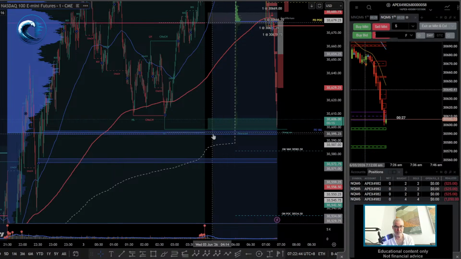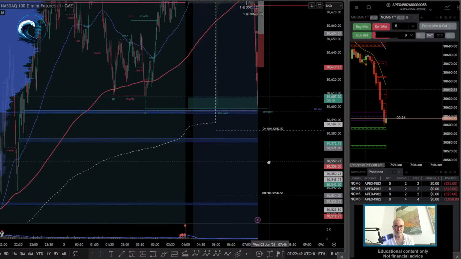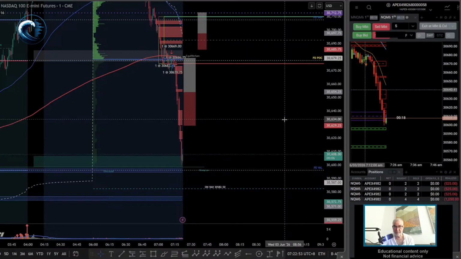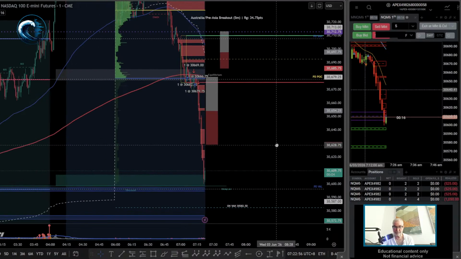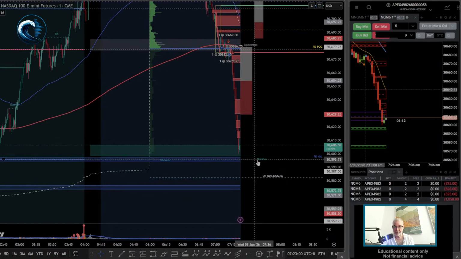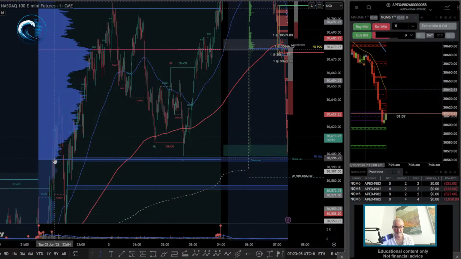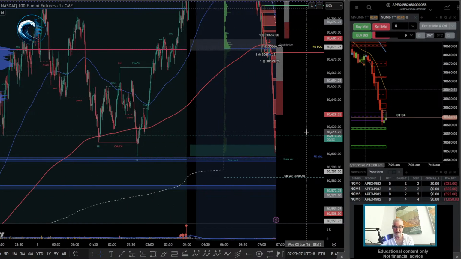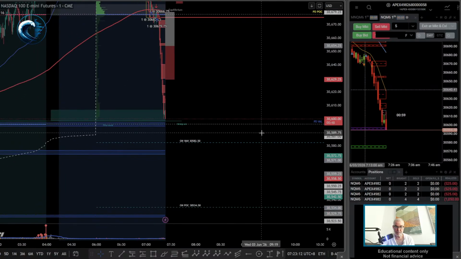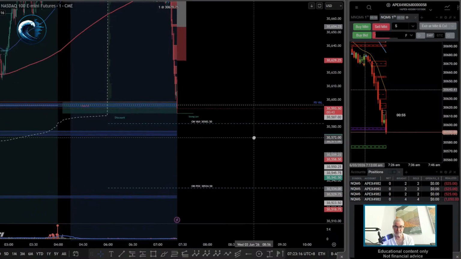Now, just because I've got levels made here and we've got value lows here, it doesn't mean that it's going to hit them exactly. But quite often it does.